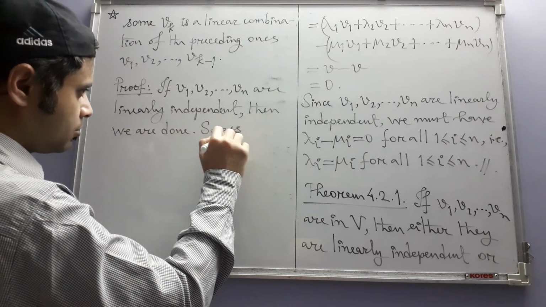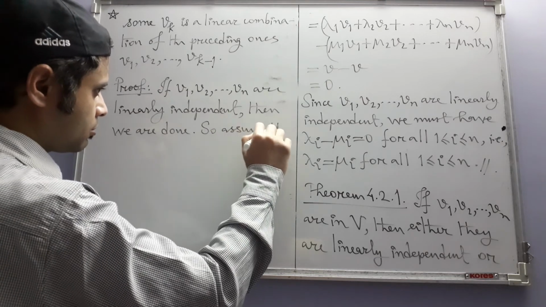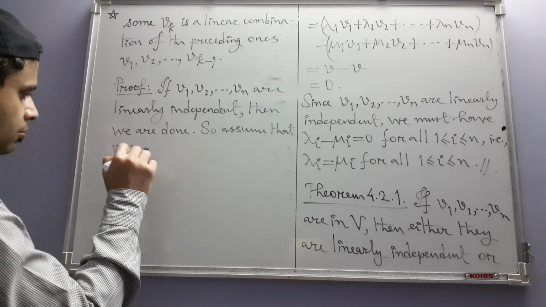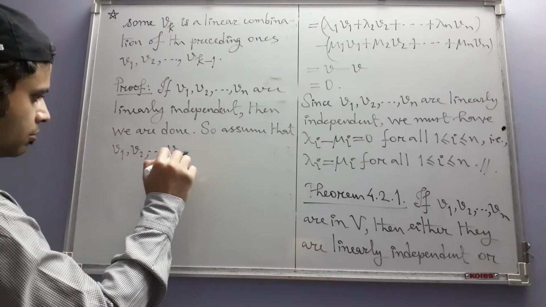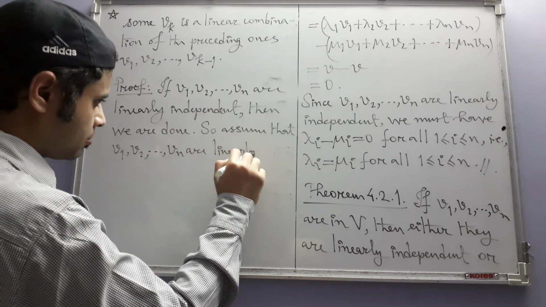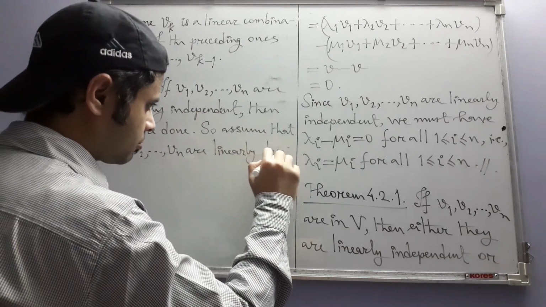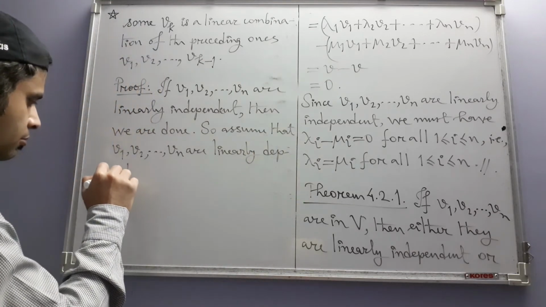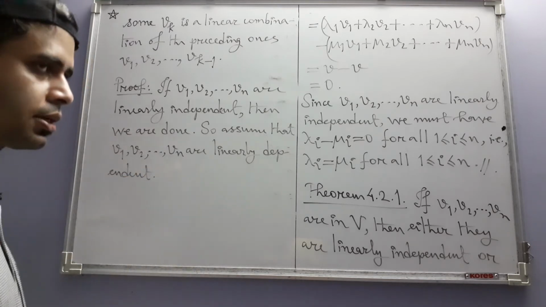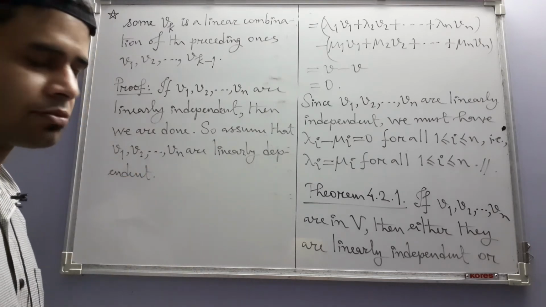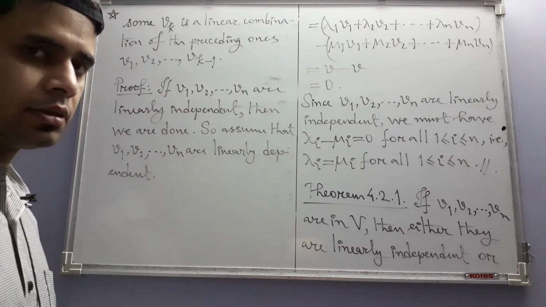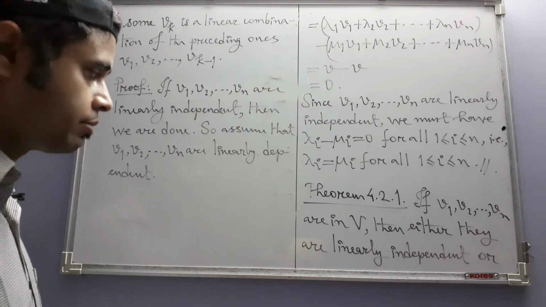So assume that they are linearly dependent. Dependent means some scalars will exist, an equal number of scalars, n scalars, not all of which are 0, and if you form the linear combination, that will be 0.